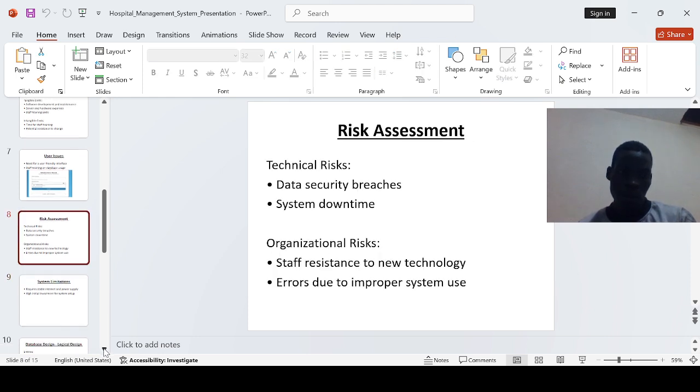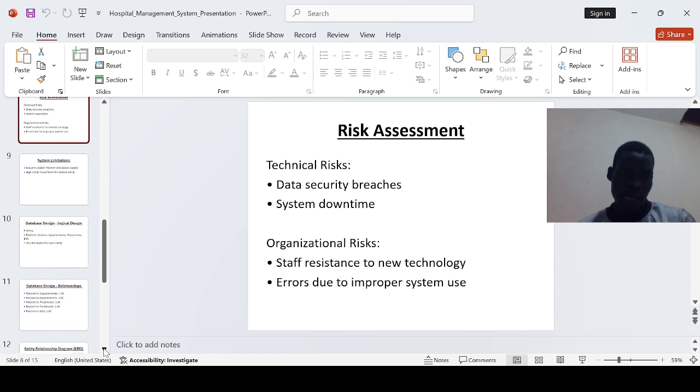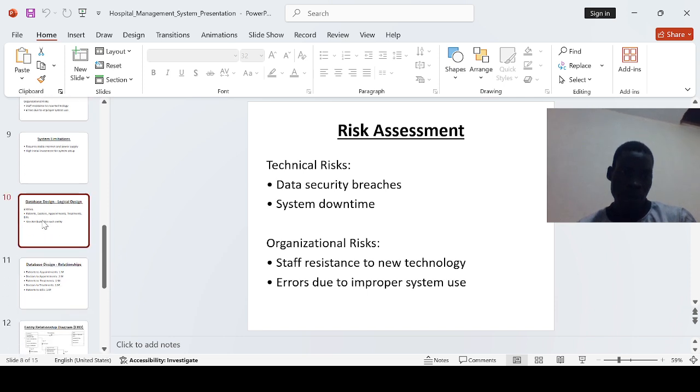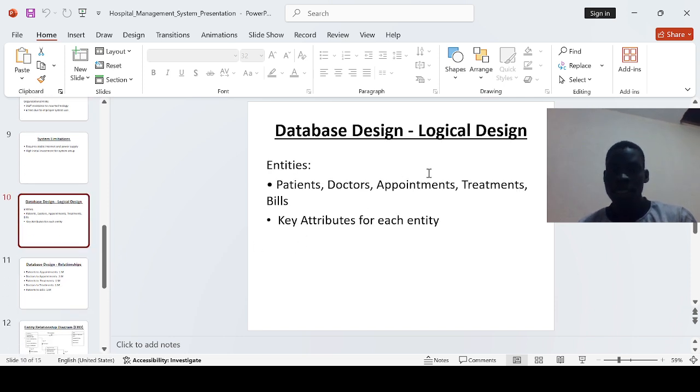Okay. When we go to the next slide, database design. So here we have used also the logical design, where we have the entities, relationships between them, and the attributes.